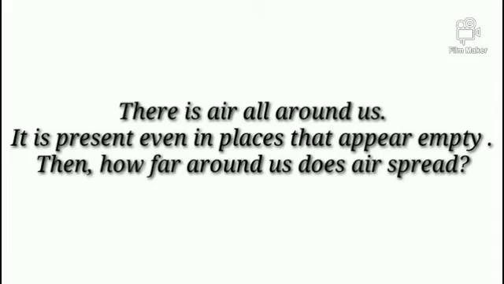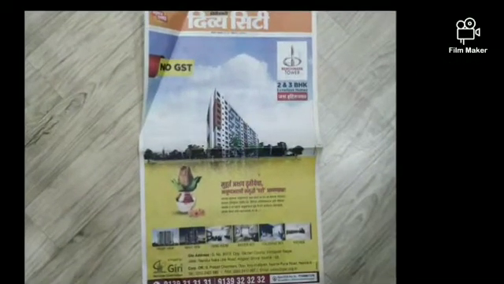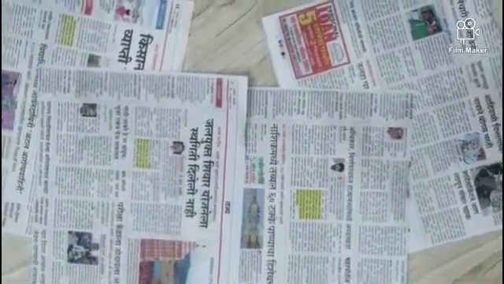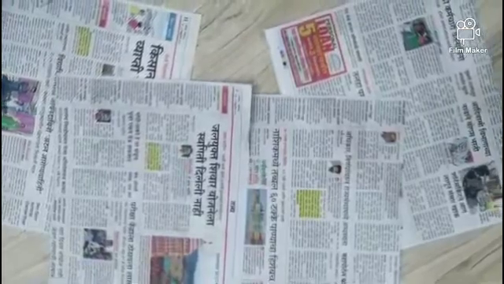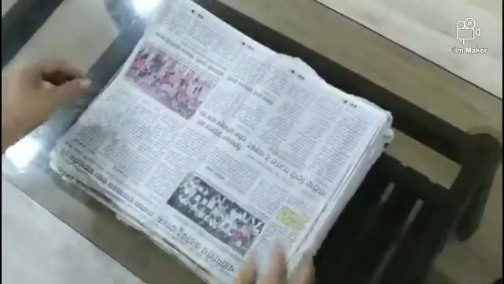For this, children, we will try another activity. We have to take old newspapers of about one month and tear each of the sheets into 4 pieces. Now, place these sheets of paper one at a time in a pile on the floor. Pile means one upon the other.